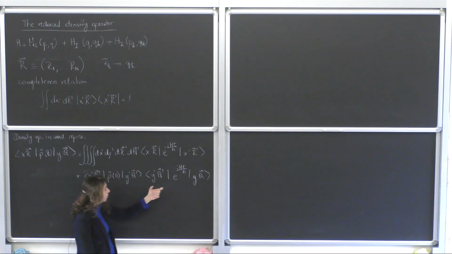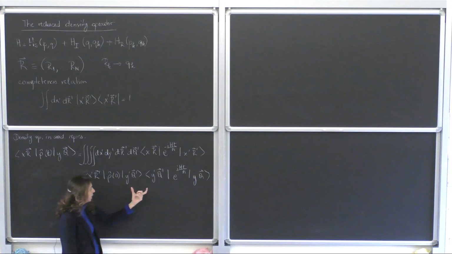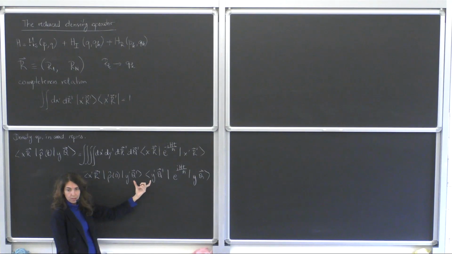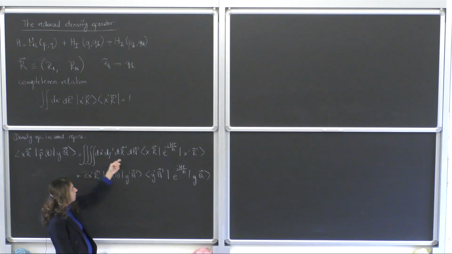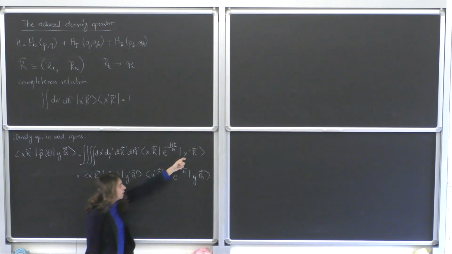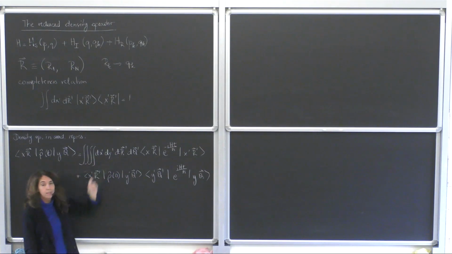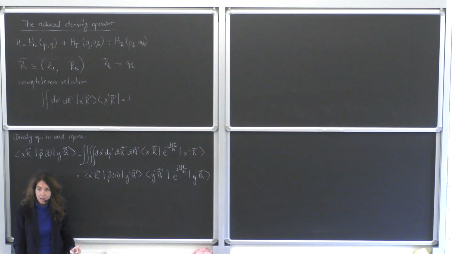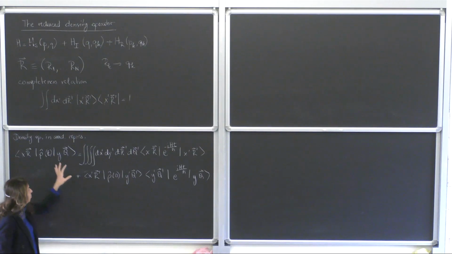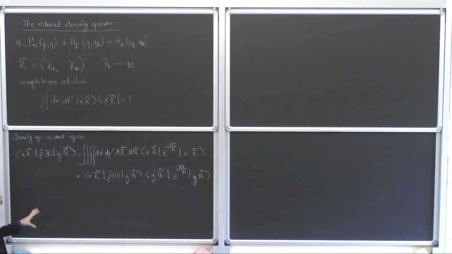And then I have now inserted in between this completeness relation. So here I inserted y prime q prime integrated in y prime and q prime. And here I inserted x prime r prime and integrated over x prime r prime. Okay? So I just rewrote rho and inserted two completeness relations there.